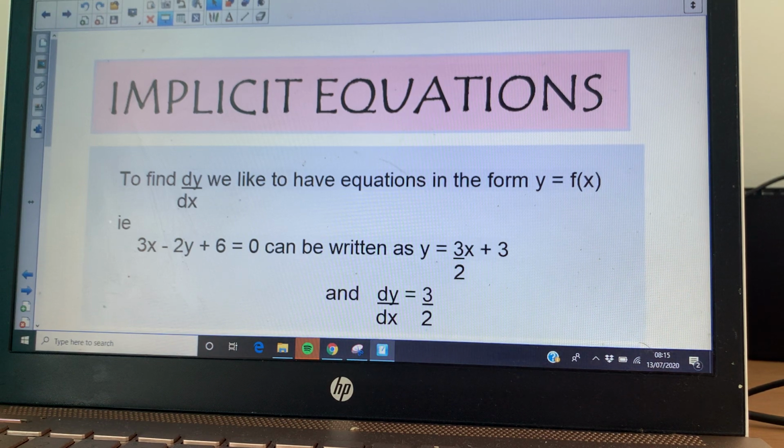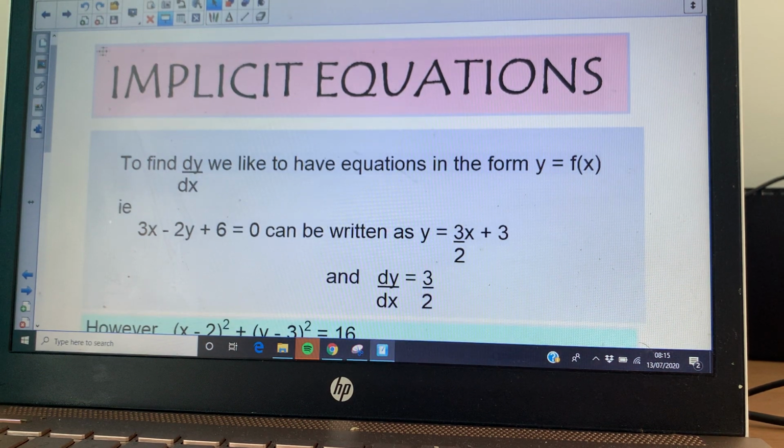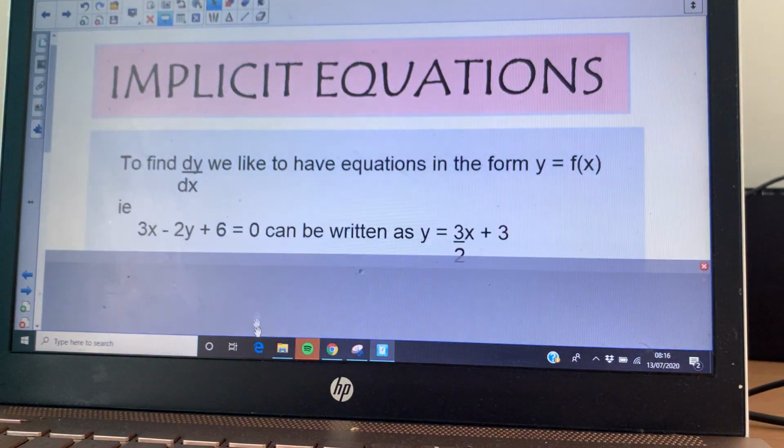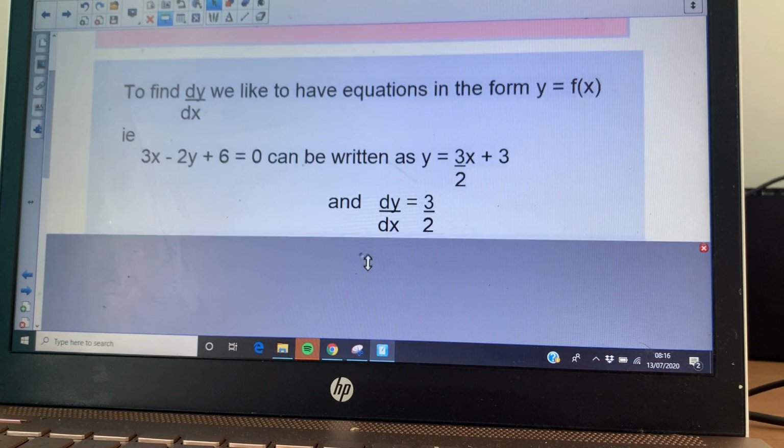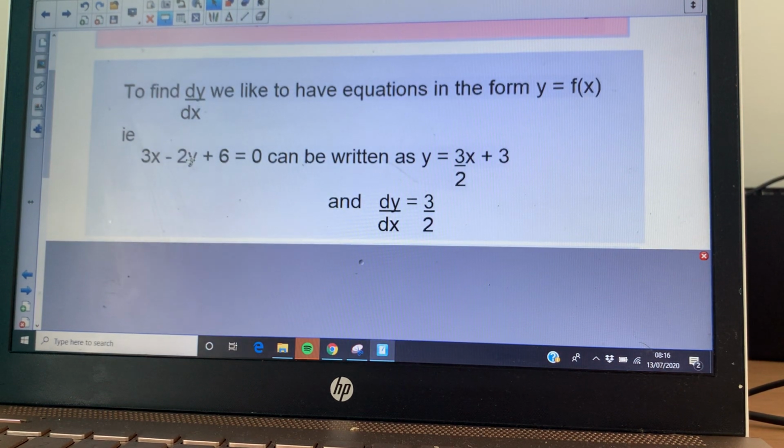So if you can just have a little look at the lesson so far. In this first example, we have an equation expressed implicitly, but I'm able to express it explicitly, so I'm finding it easy to find my gradient.